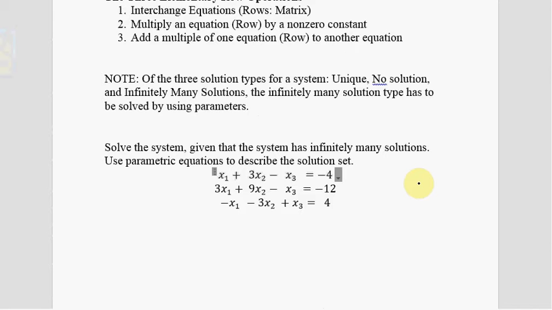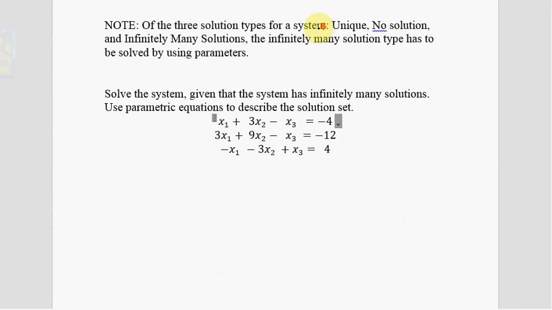So the meat of what I'm going to do to get to the solution, just watch. But how I write the solution, that's what I want to capture right now. So I'm going to write this system as a matrix.